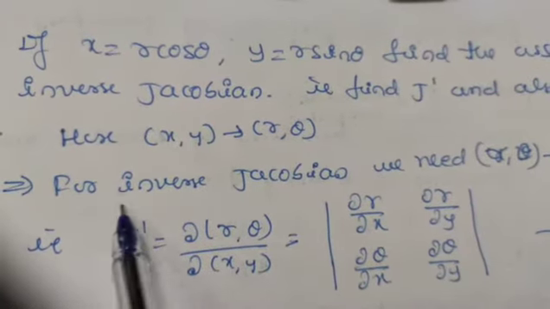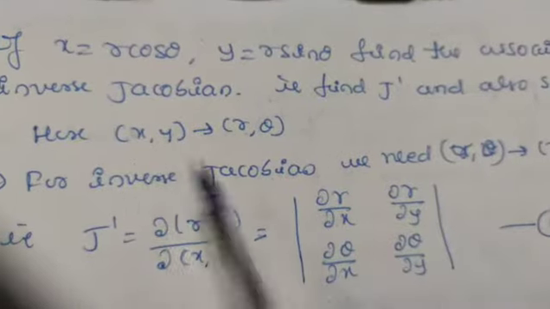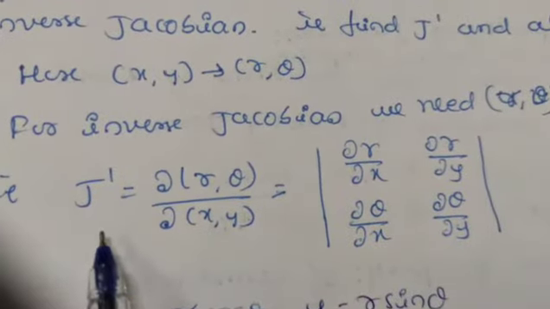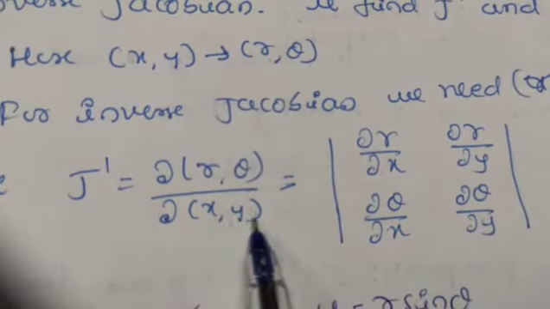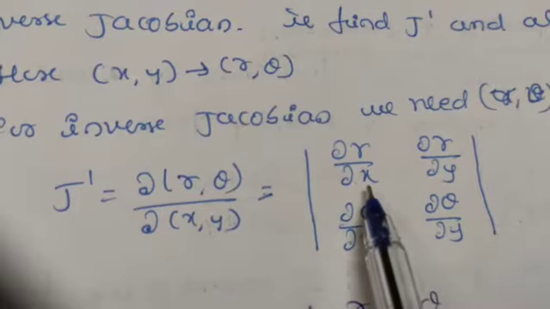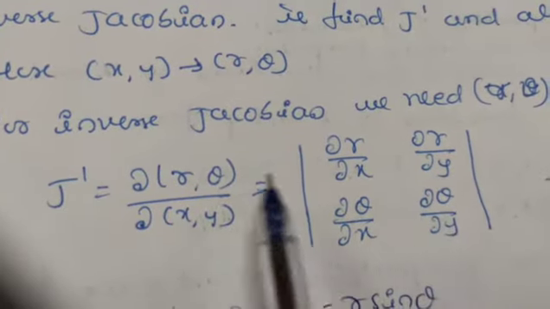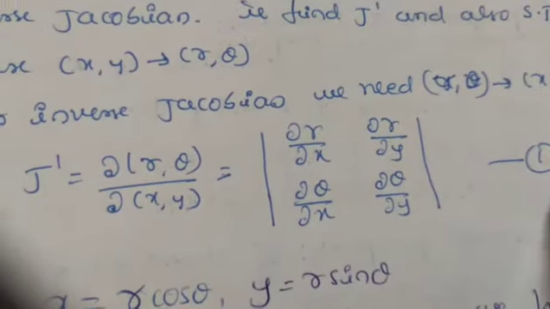For the inverse Jacobian we need r and theta in terms of x and y. So J dash is equal to dou of r theta divided by dou of x comma y, and it is equal to the determinant of dou r by dou x, dou r by dou y, and dou theta by dou x, dou theta by dou y. Take this as equation number 1.